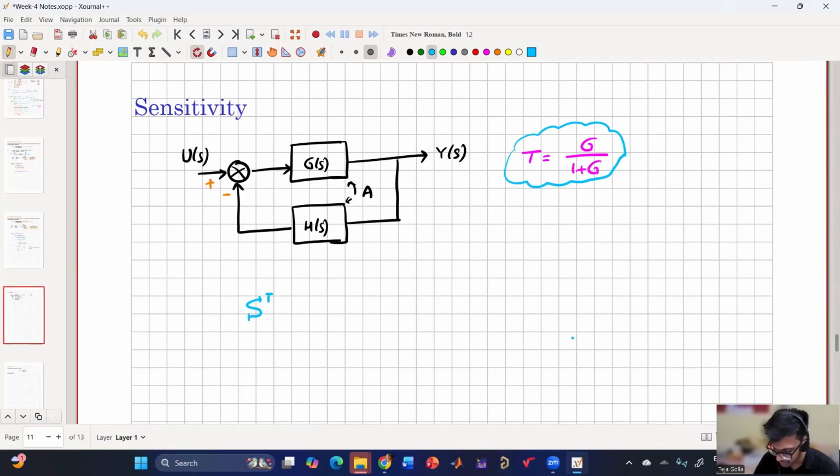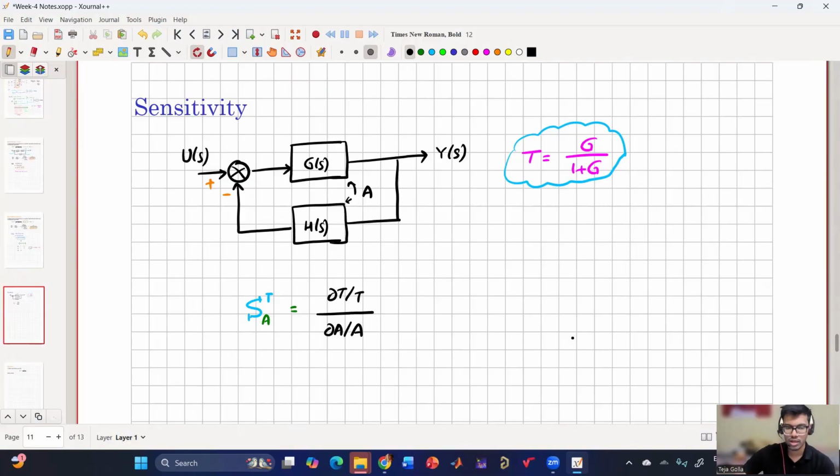The sensitivity of the closed loop transfer function T with respect to that varying parameter A is defined as the ratio of change in the closed loop transfer function to the ratio of change in the parameter A. We will see by solving a problem.